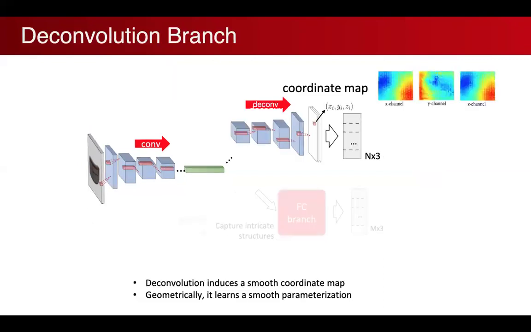And so the deconvolution branch, basically what it does is upconvolution: it expands the features, and in a way it generates a smooth coordinate map. That means that geometrically it does a smooth parametrization of the features. Like here, you can see that it's very smooth.